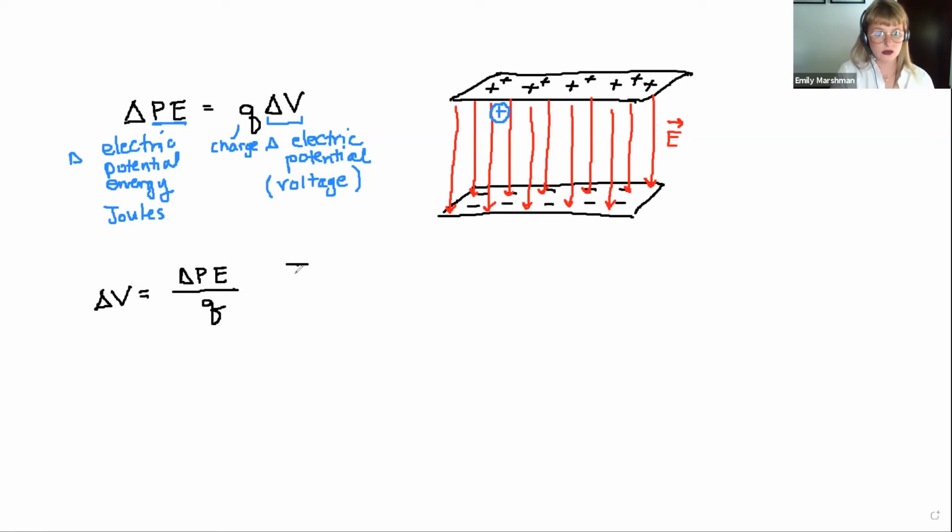So it's a joule over a Coulomb. Electric potential, or voltage, has units of joules per Coulomb. Another way to say joule per Coulomb is a volt, or V for volt. So 1 joule per Coulomb is the same as 1 volt.